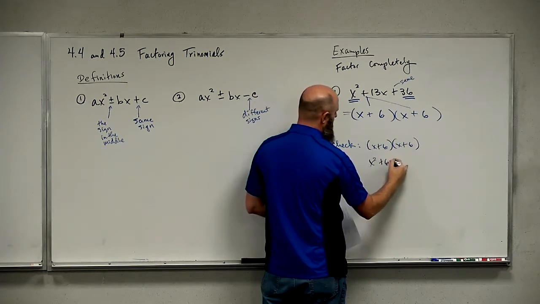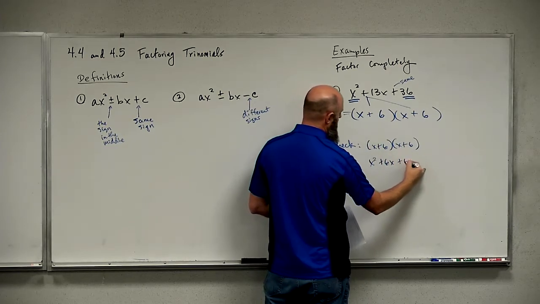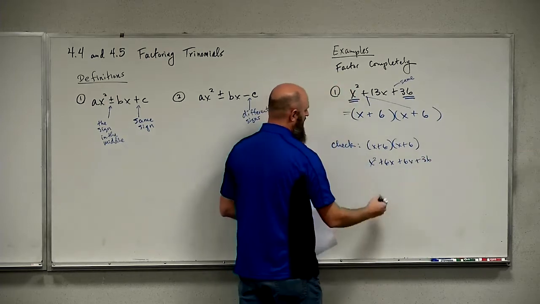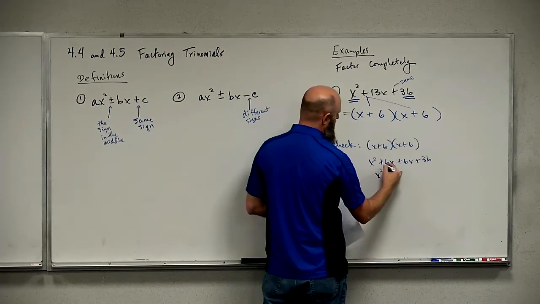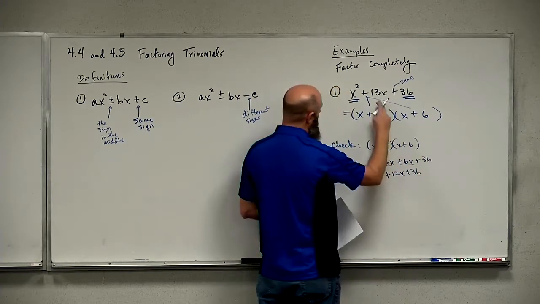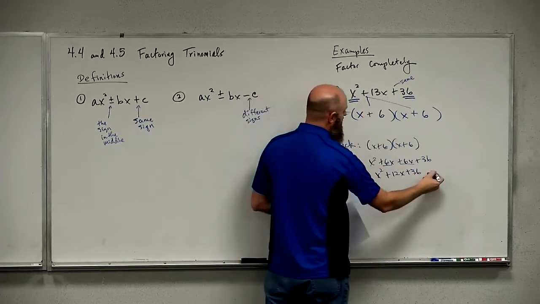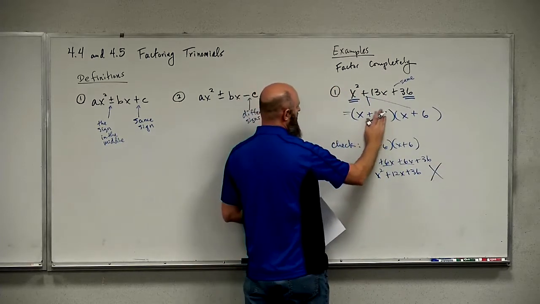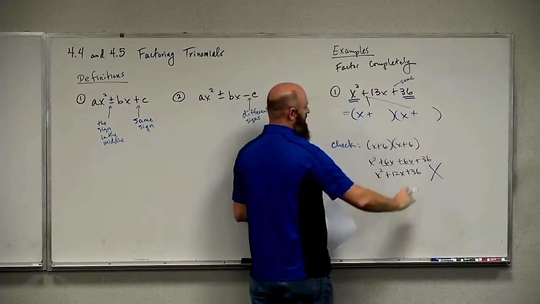We're going to get 6x plus 6x plus 36. So that's x squared. Well, 6x and 6x is 12x, not 13. So that does not work, okay? So we're going to change those. We need to change those sixes.